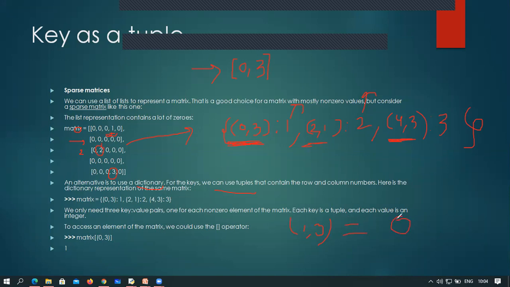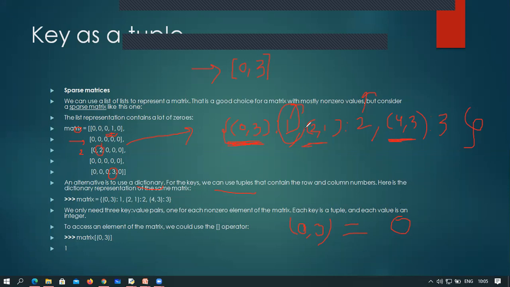So you just check whether that key is present in your dictionary. If it is not there, the value is 0. But if it is present, then the value would be the corresponding value, and you can use this matrix in the form of this dictionary.